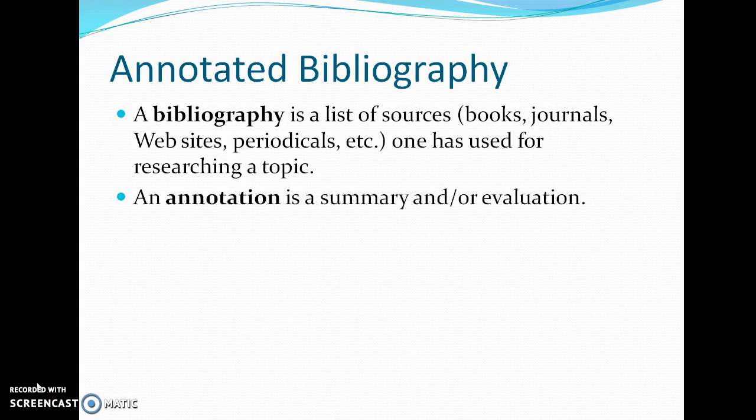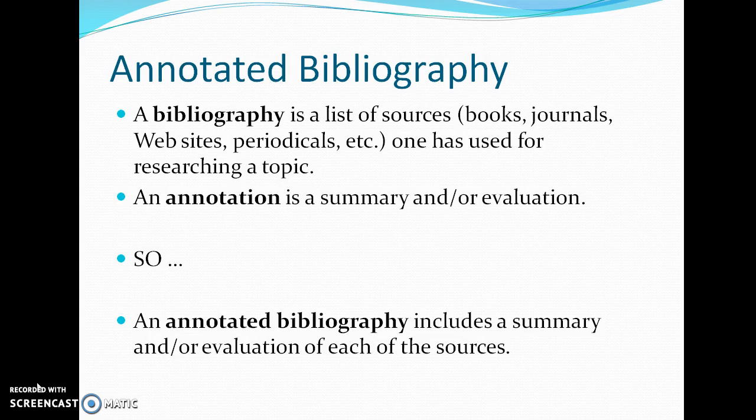An annotation is a summary and or an evaluation. Okay, so that's what an annotation is. So when you put those together, an annotated bibliography includes a summary and or evaluation of each of those sources. So if you found 6 sources, then give a summary and an evaluation for each of those 6 sources, and that is an annotated bibliography.